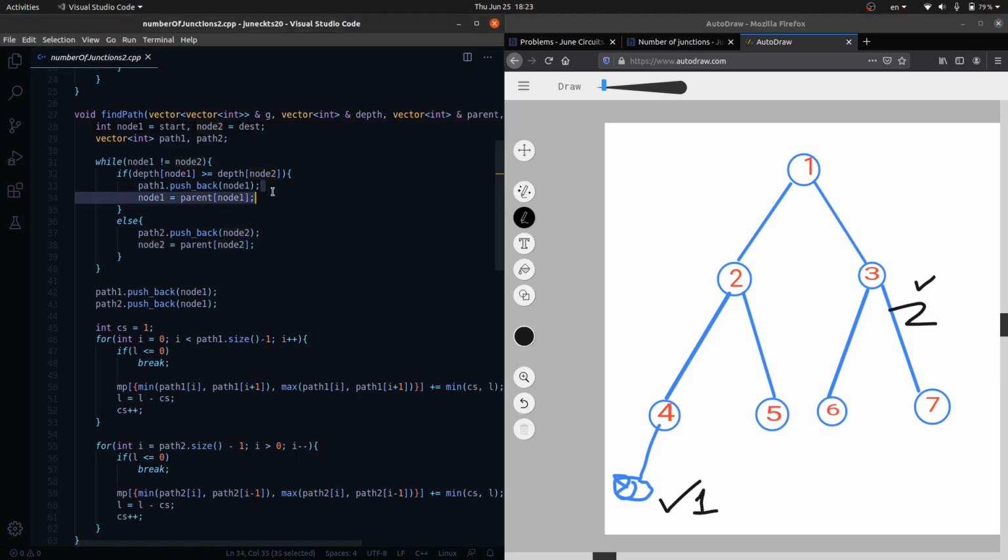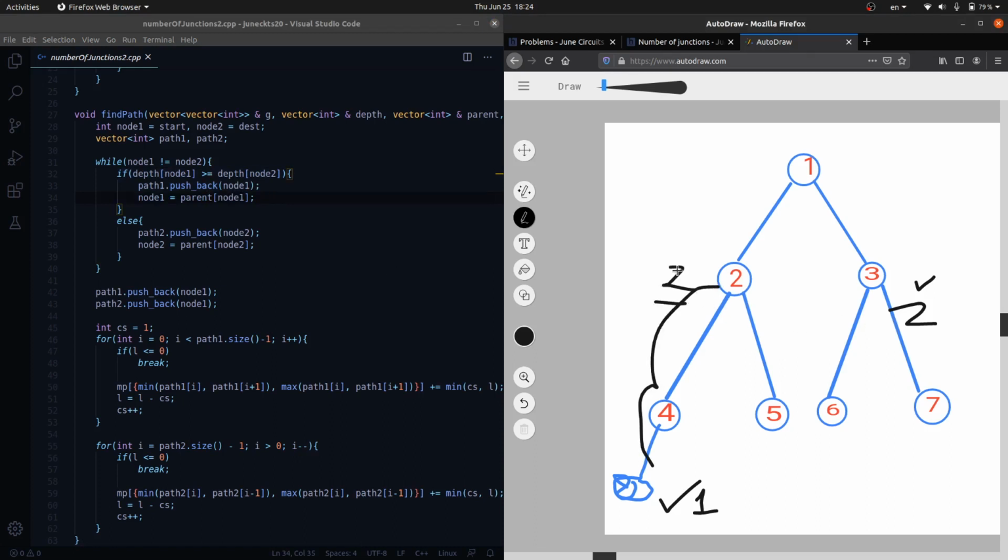That's what I have done here. So while node 1 and node 2 are not equal, we will find the parent. What I have explained, that we will first bring them to equal depth, and then when their depths are equal, we will go to the parent of each and every node. That's what I have done here in concise code.